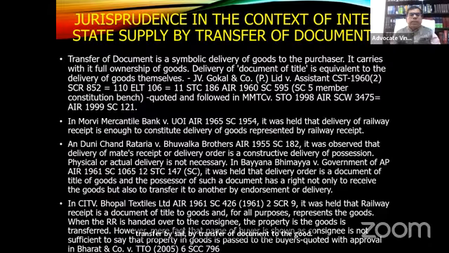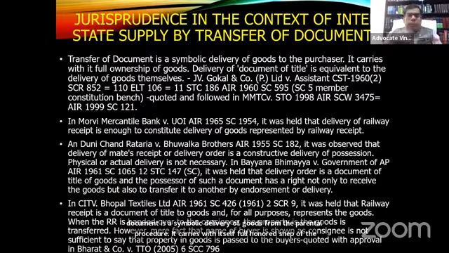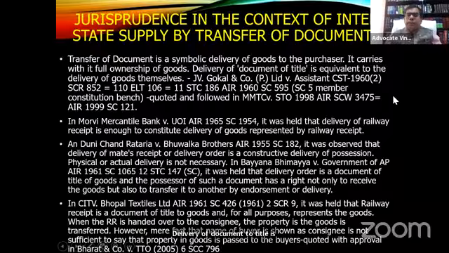In one of the judgments, it says that the transfer of document is a symbolic delivery of goods to the purchaser. It carries with itself full ownership of the goods. Delivery of document of title is equivalent to the delivery of goods themselves.